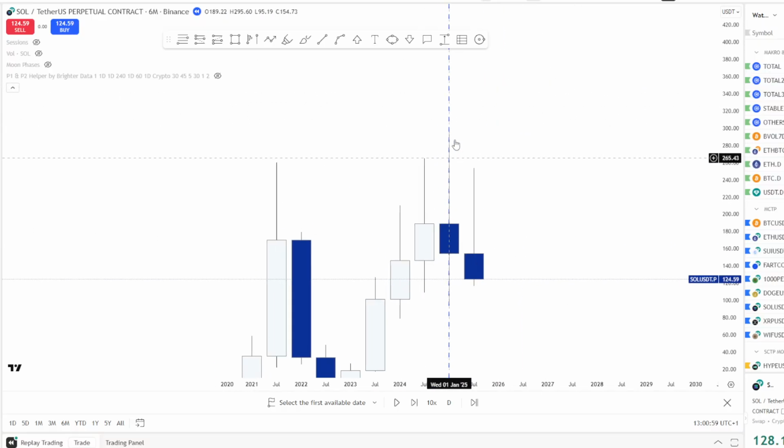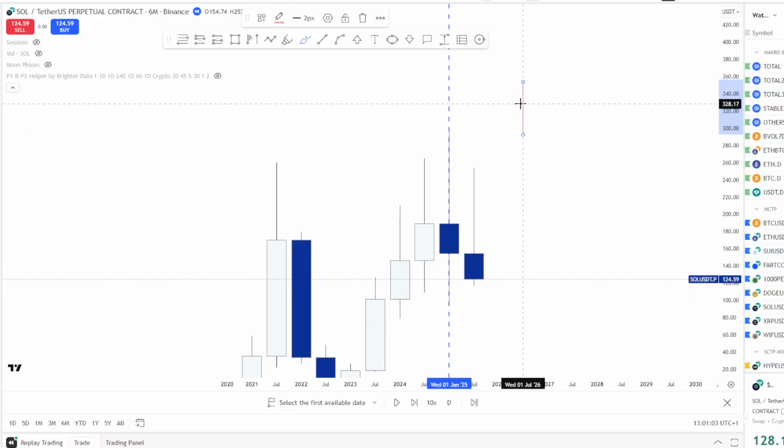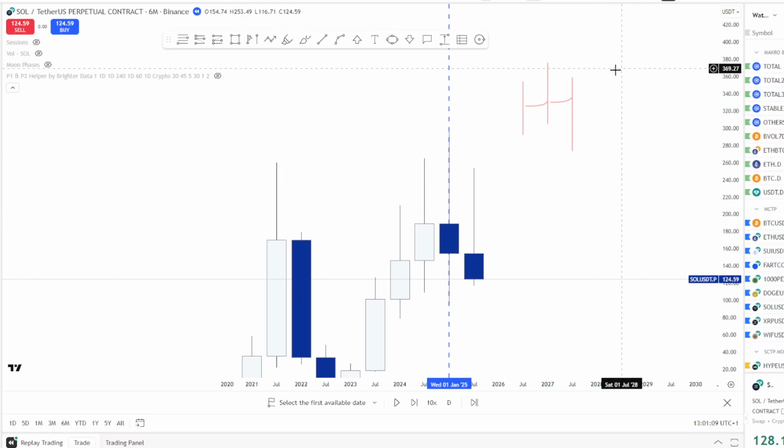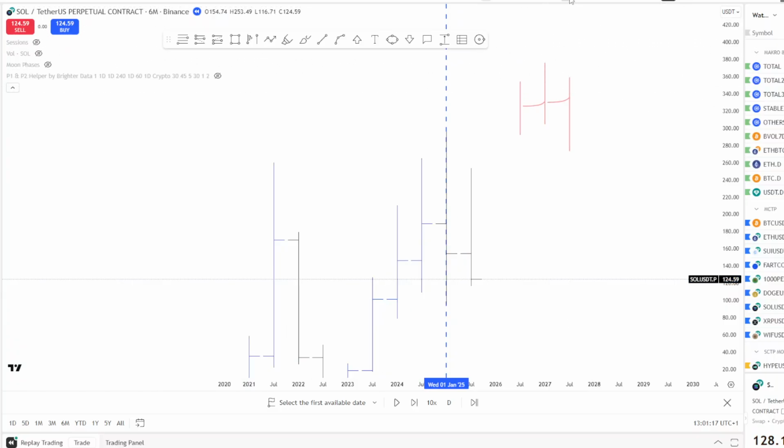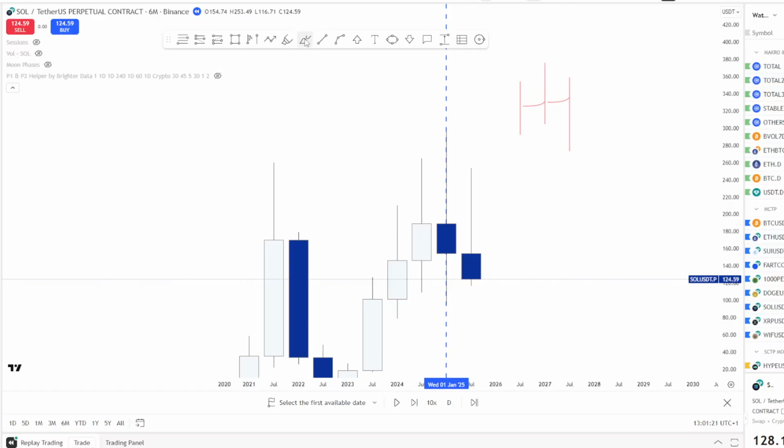So basically, if you don't know about topping patterns, you want something like this, and this candle goes down. So basically this is a model 1 distribution, but on a candle bar pattern like this, and it's pretty clean.